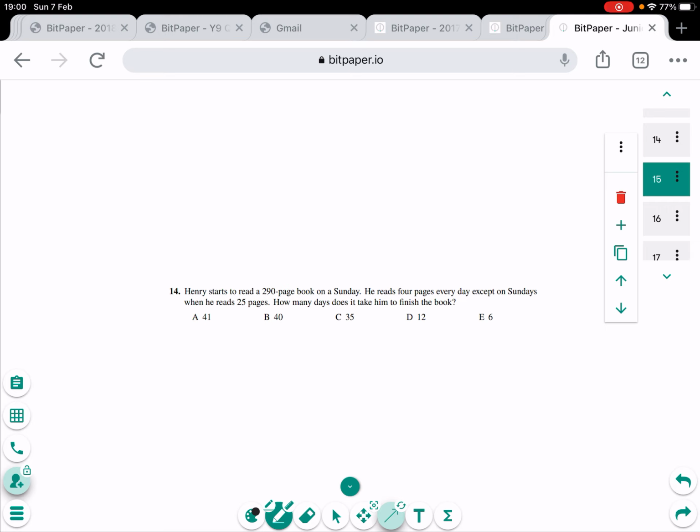So what we do here is take the 290 at the start, the total.